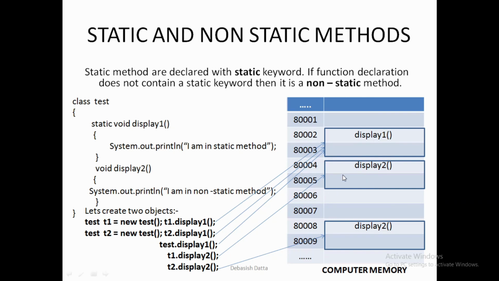So if I try to call the display2 method without using the object, the computer will become confused, as I have discussed. That's why we use the object name along with the function, to particularly mention which version of the display2 function we are trying to call.